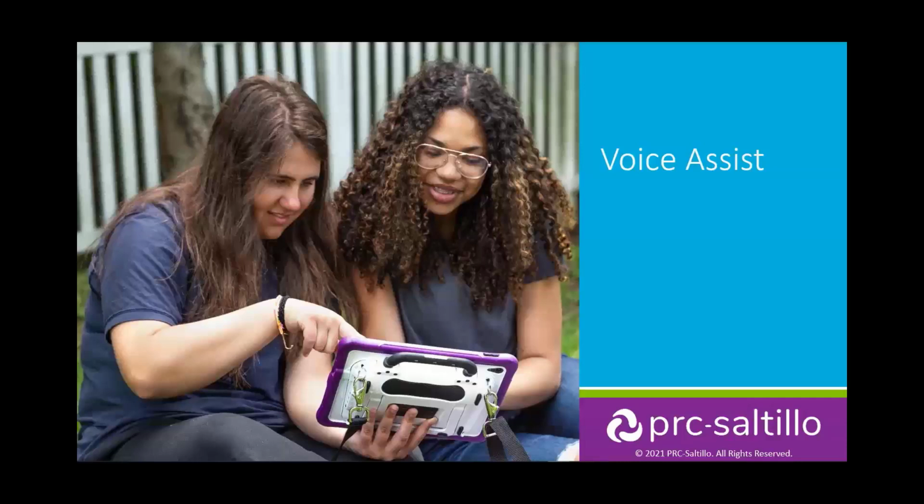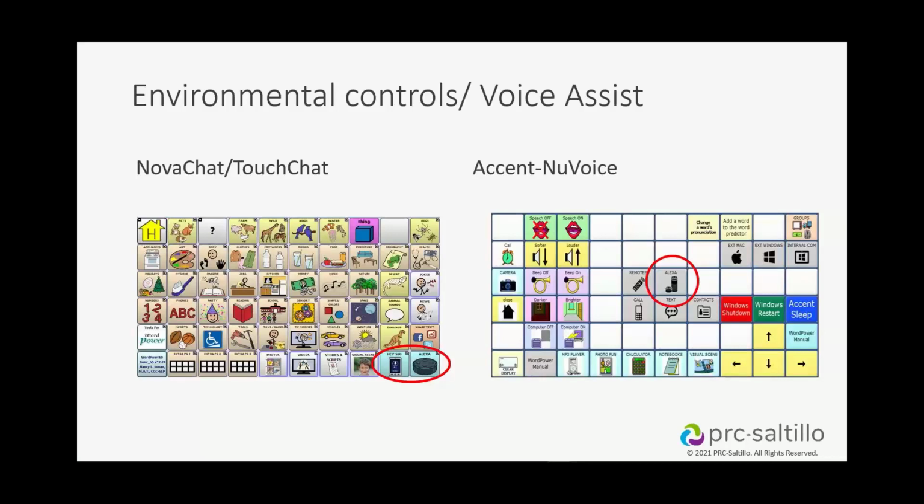Okay, thanks. So Voice Assist is the whole option of using Alexa and Hey Siri. These are built into both the Accent and the TouchChat NovaChat versions. It's awesome because some people just choose to control their environment by having Alexa or Hey Siri do it.